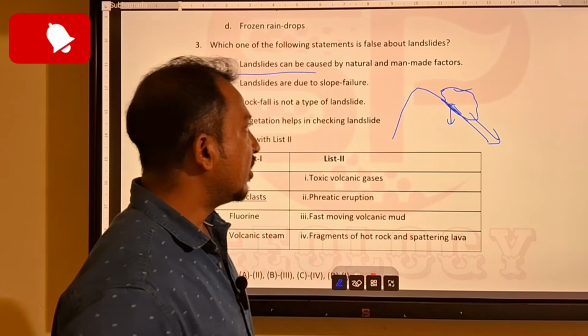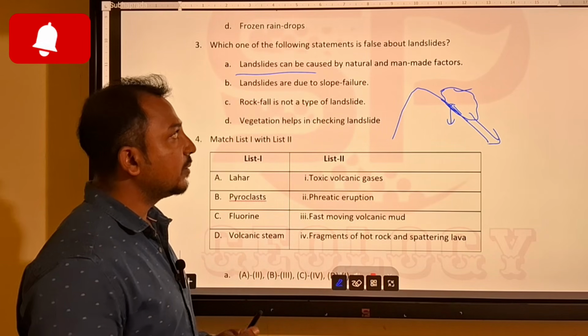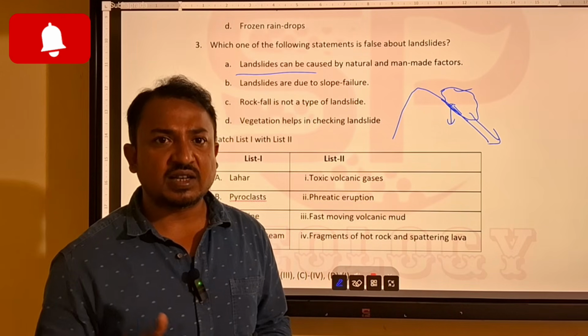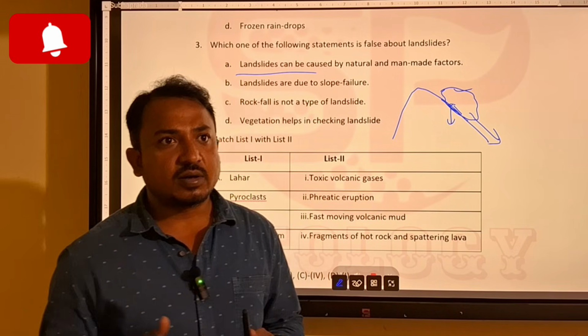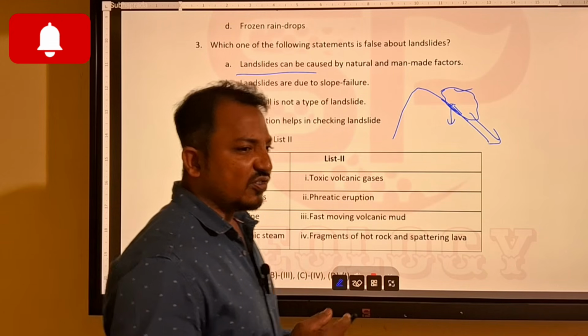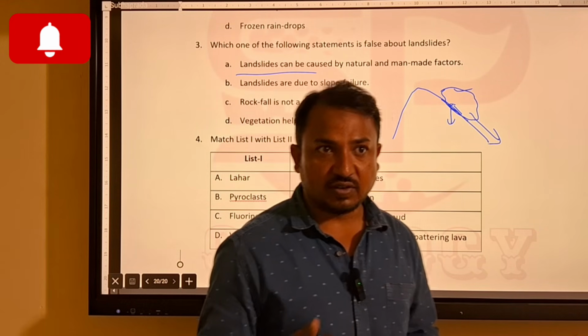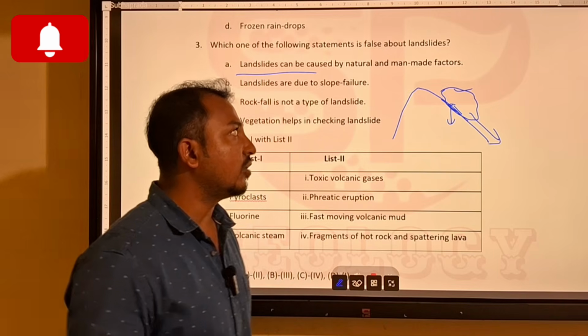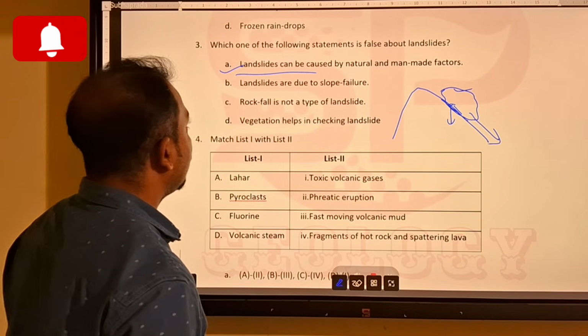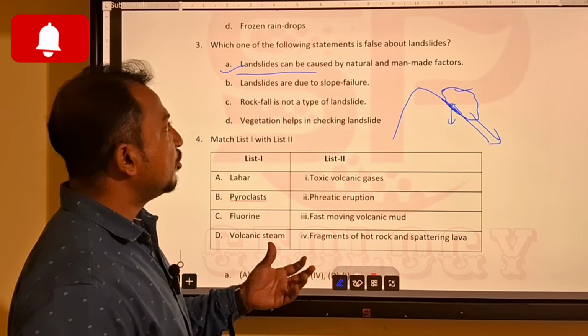That is called slope failure. For a man-made factor, you can take the example of blasting or road work, or anything that produces seismic waves or vibration to the ground. They can trigger landslide. So this is correct.